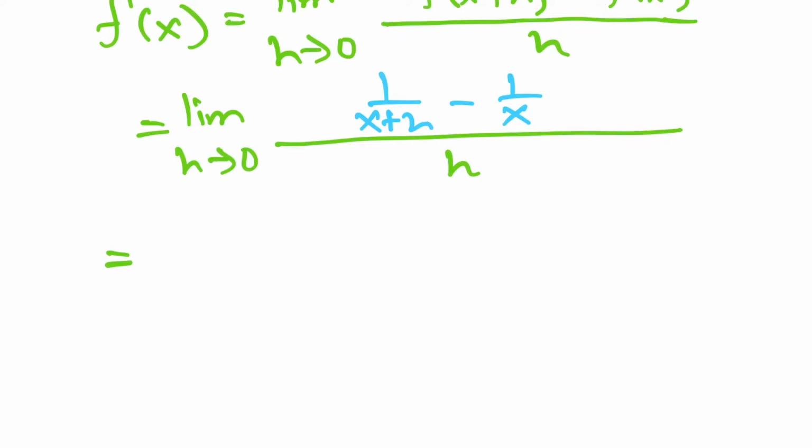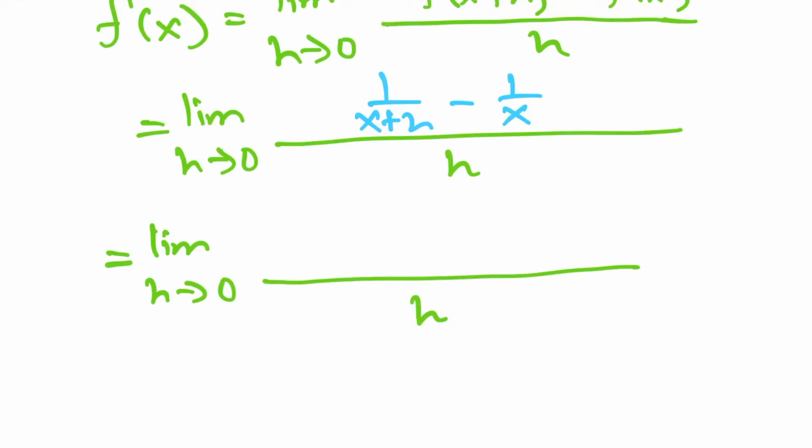Okay, so now we are subtracting two fractions. So let's take a look at our numerator. When you subtract two fractions, what needs to happen? Their denominators must be the same, right? So x plus h and x, how can we make them the same?